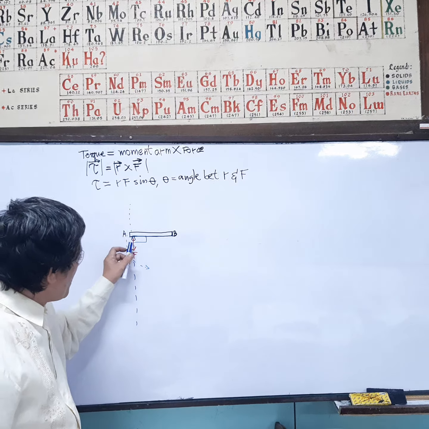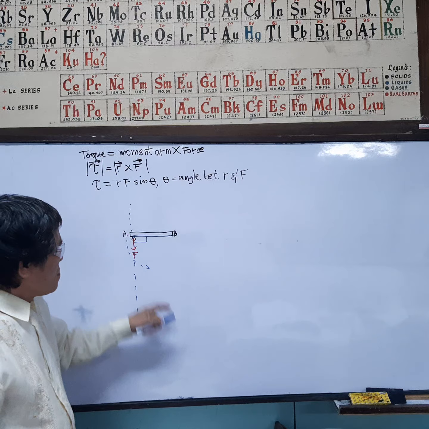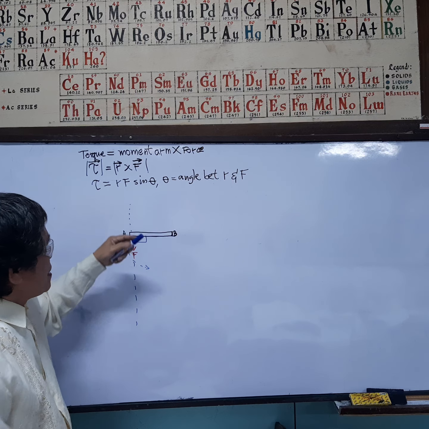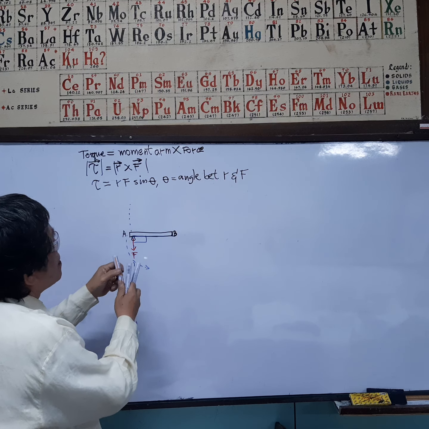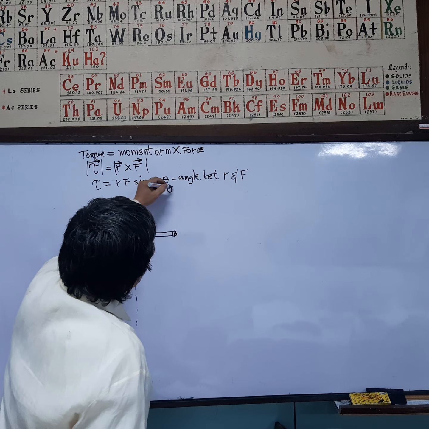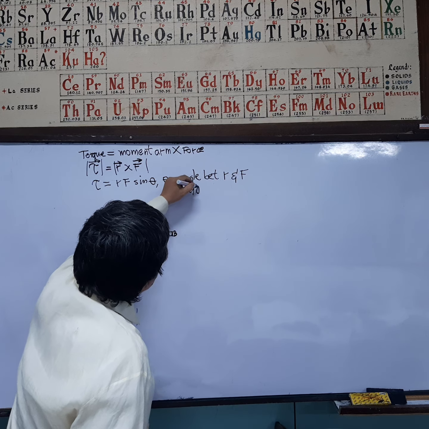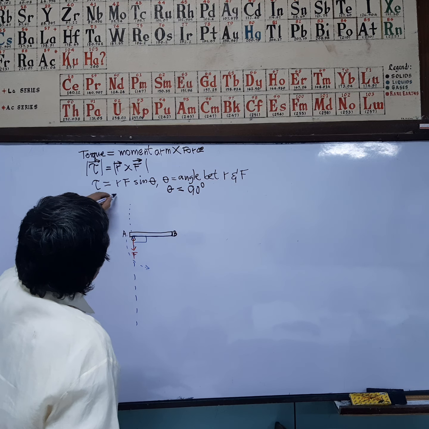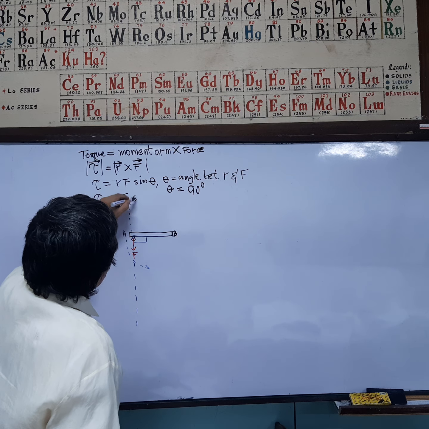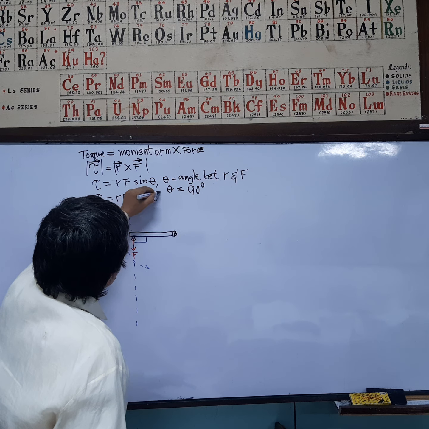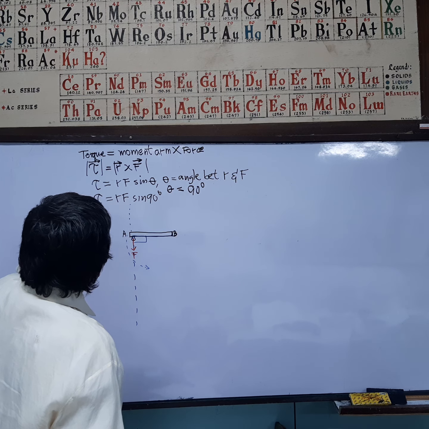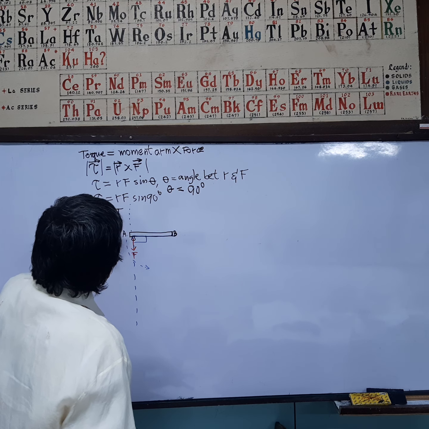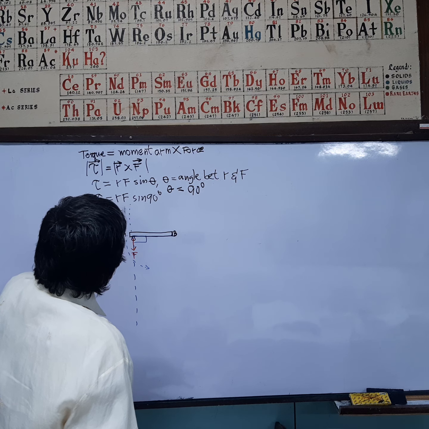The best is the doorknob at 90 degrees. Sine of 90. If theta equals 90 degrees, then the torque equals RF sine of 90 degrees. The answer here, you will have RF only.